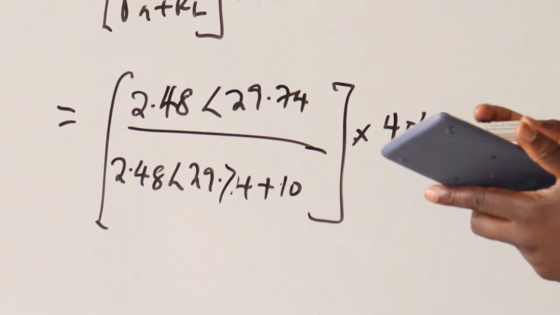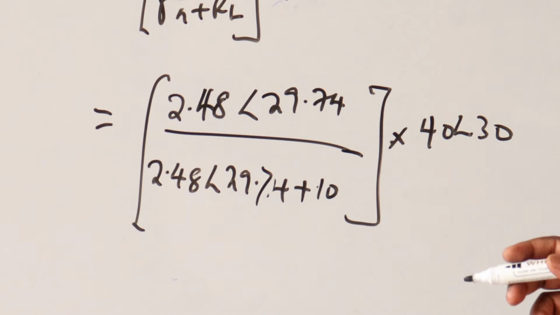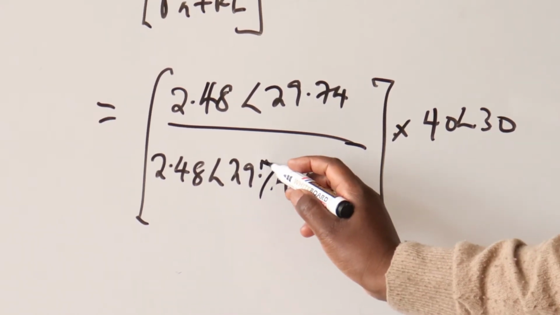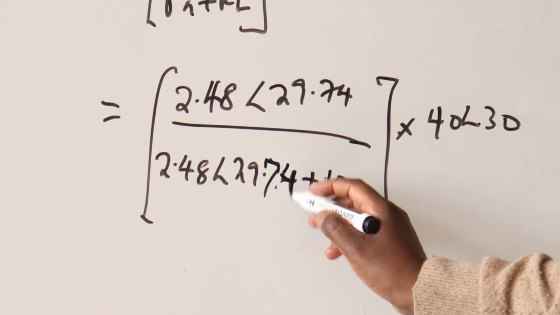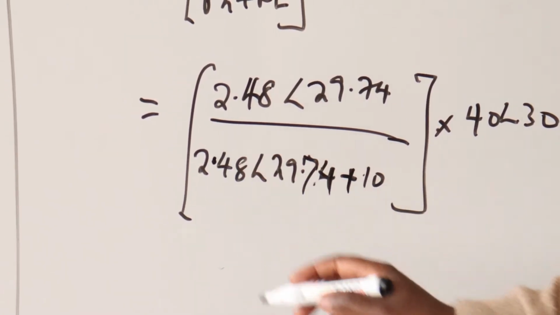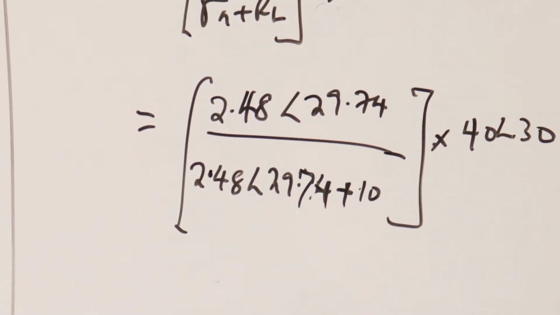We cannot add 10 and 2.48 in terms of polar. We must change this into Cartesian first, then we add.